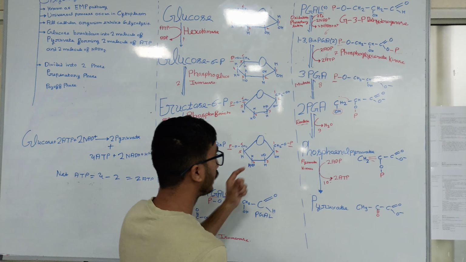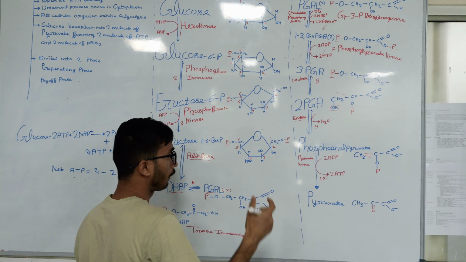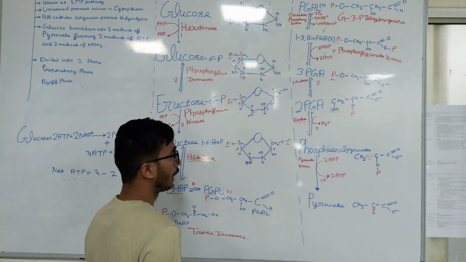After that, phosphoenolpyruvate is formed, and with the help of the enzyme known as pyruvate kinase, this phosphate group is removed from this position and donates its electrons to this position, and this molecule now breaks the double bond and forms a single bond and makes one hydrogen here. So it makes CH3 here, the phosphate group is removed and gives electrons there, so it makes a double bond with oxygen, and 2 ATP are formed here.